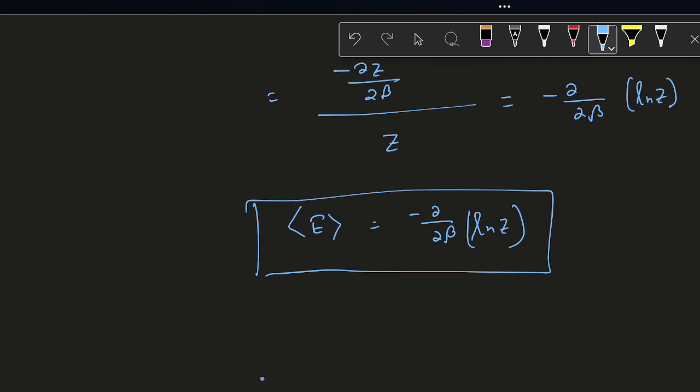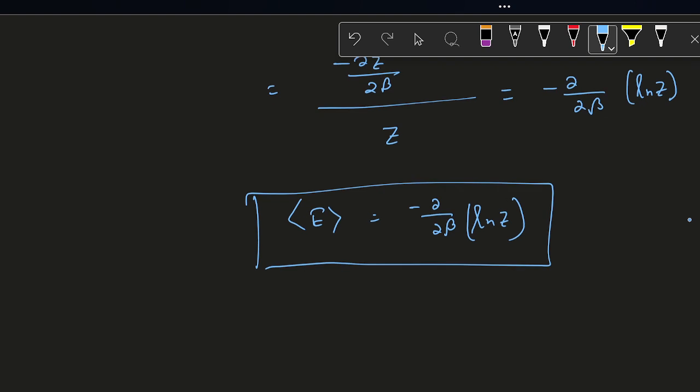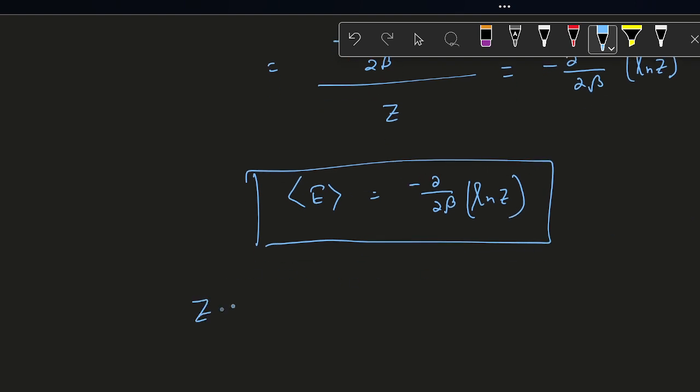Now the problem becomes clear. You have already calculated the partition function value in the last problem, and you have to take the ln of that function and then take the derivative with respect to beta, and finally you get the average energy. Your Z was half times 1 plus x plus root of 5 minus 2x plus x squared, all to the power n.